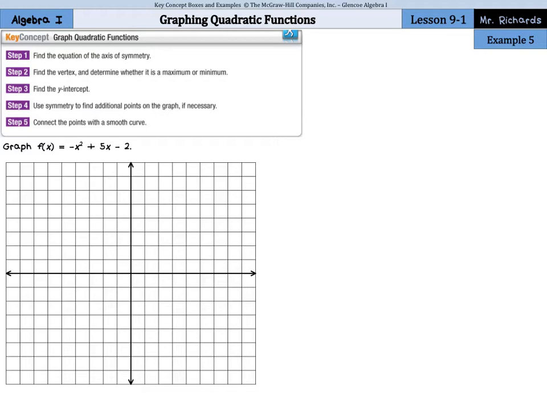We'll use symmetry to find additional points on the graph if necessary, and then we'll connect the points with a smooth curve. And so, if we look at this question, our a is equal to negative 1, our b is equal to 5, and our c is equal to negative 2. And so now first we will find the axis of symmetry.